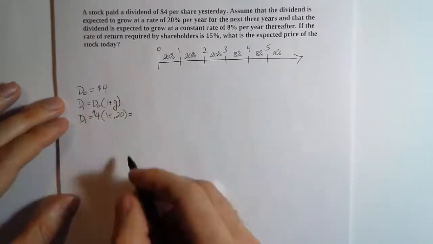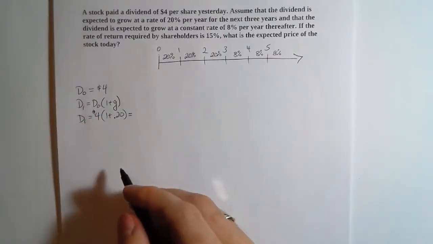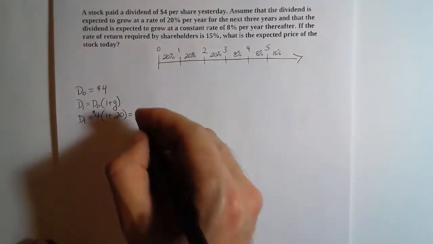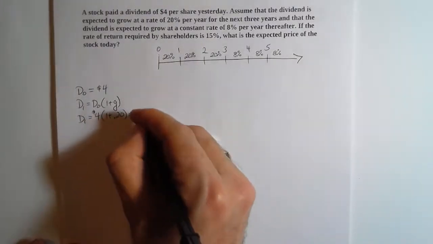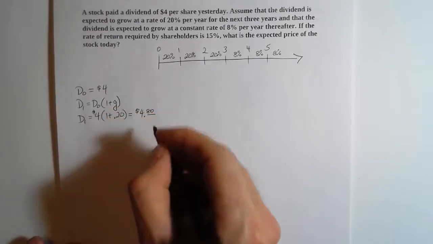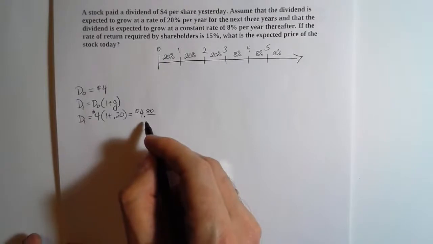At this point, I will give you a moment to pause and work that out and see what you get. If you paused the video to work that out, what you should have gotten is $4.80. So D1 is $4.80.